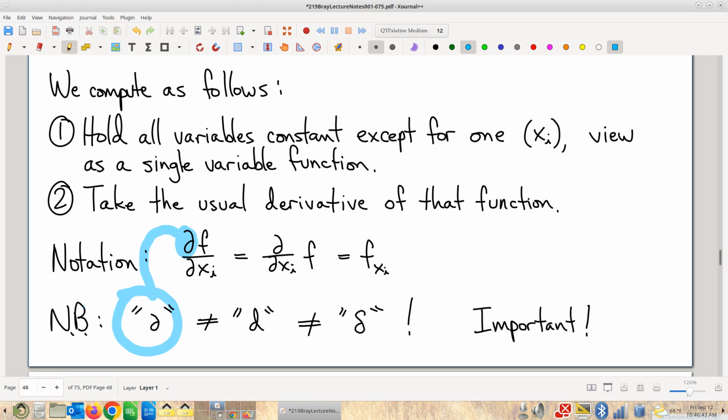A lot of students get a little bit lazy on this and will write it as a D. It is not a D. You cannot write it as a D. That would mean something else. That is not okay. Make sure you don't write these as Ds. Cannot emphasize that enough. It's not optional. If you write it as a D, it's wrong. It's also commonly misunderstood as being a lowercase Greek letter delta.